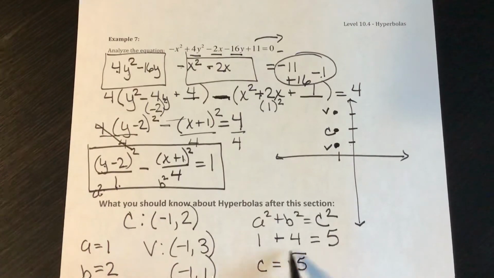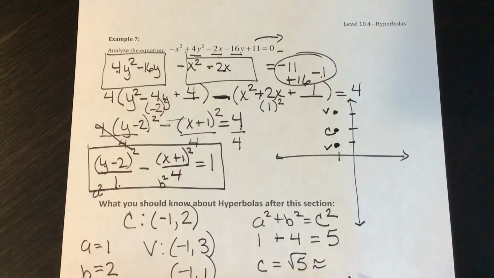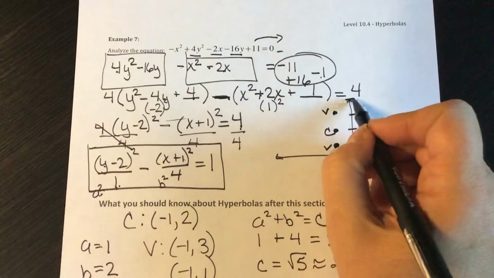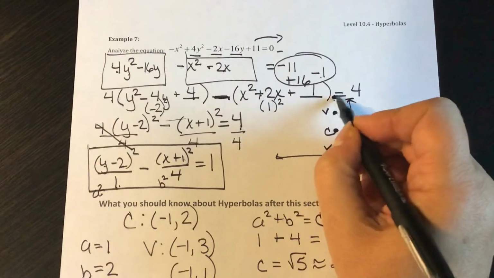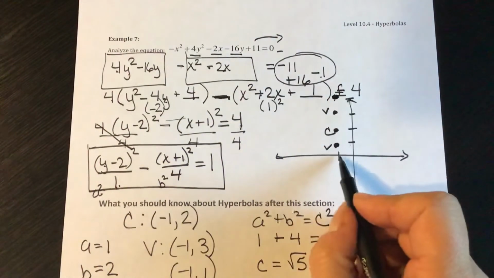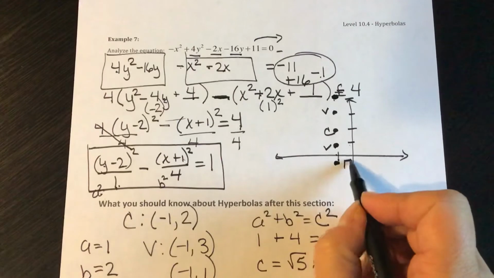And I'm only going to use this as a measurement, so I'm going to say that this equals approximately, what did we say before, 2.2? So from my center, I'm going to go up 2.2. So here's a focal point right here. Going down 1, 2. Here's a focal point right here.